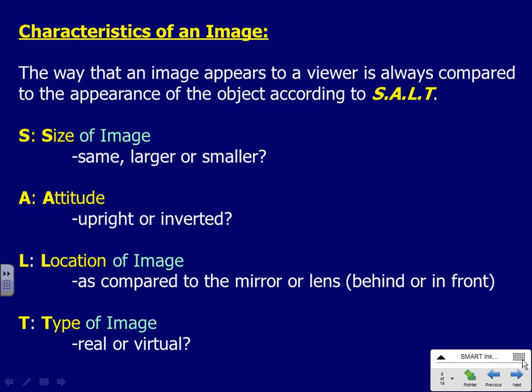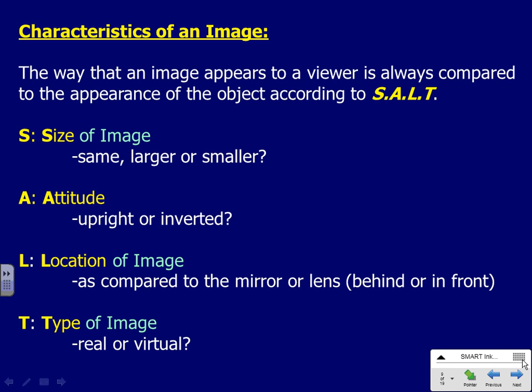Attitude describes whether the reflection is the same way up or whether they're in opposite directions. Again, when we get talking about other types of mirrors, we're going to find that we can have an image that's completely upside down or inverted compared to the object. In this case, what is it for a plane mirror?